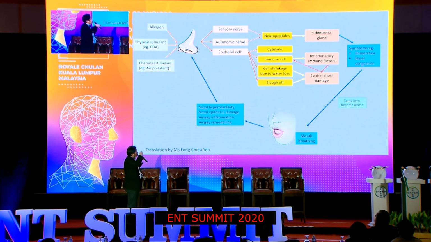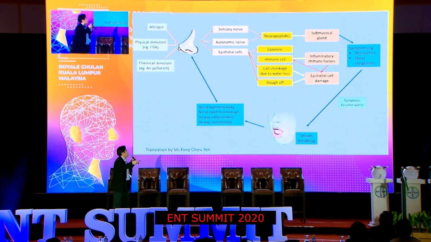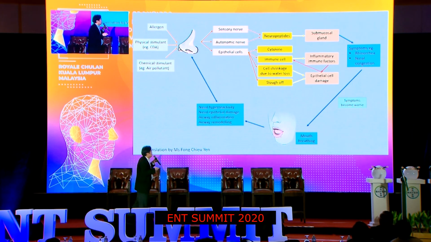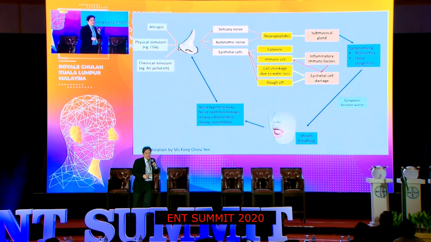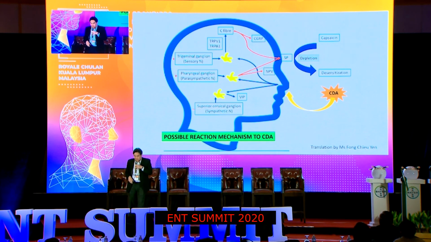And so there's that interplay of the neuropeptides then doing their work for the reflex, sneezing, congestion, irritation, and so on. Then there's also the submucosal glands being stimulated by the parasympathetic outflow and the neuropeptides, giving you the rhinorrhea and nasal congestion. So symptoms become worse, and then the whole vicious cycle continues.